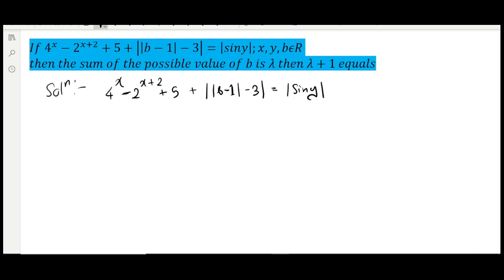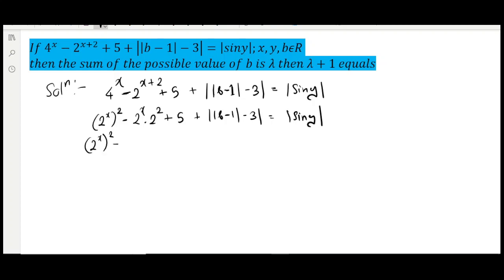How do we use it? If you see, this is 2 raised to power x square minus 2 raised to power x into 2 raised to power 2, plus 5. The remaining equation remains as it is, because there's not much to change here. So 2 raised to power x square minus 4 times 2 raised to power x, where 4 can be written as 2 raised to power x into 2.